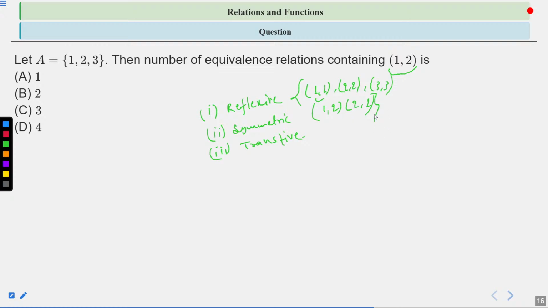You can similarly try to find the next relation which will satisfy all the three conditions, that is, it should be reflexive, symmetric, and transitive. Got it? Clear?